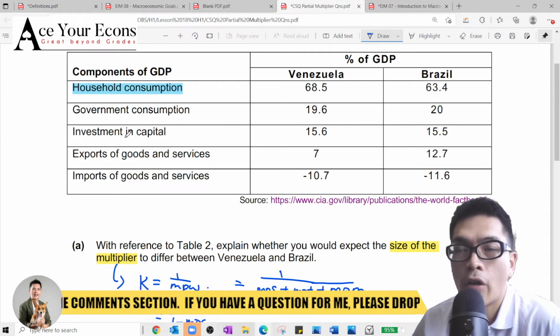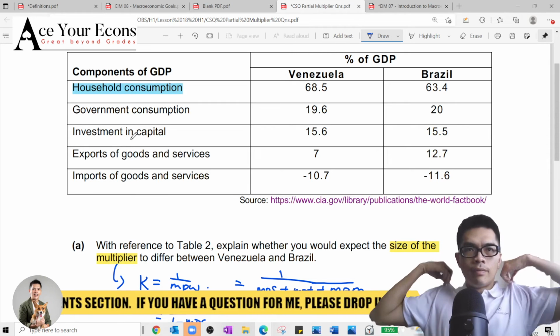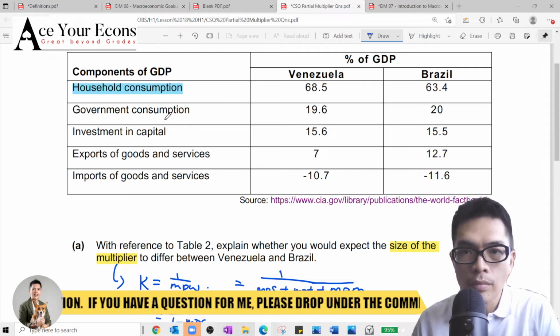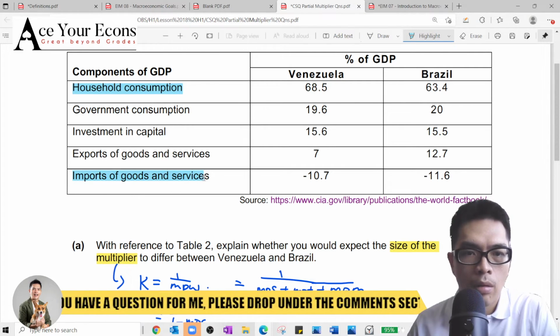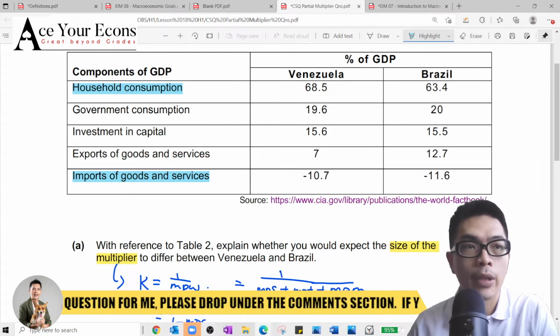Out of the remaining 4 rows, we can see that imports are probably a good choice. We can link it to MPM here, right?